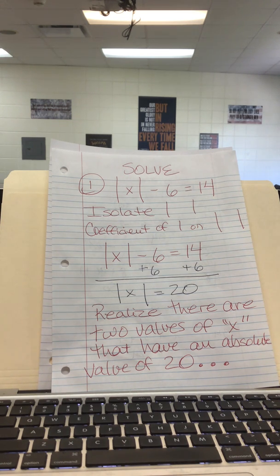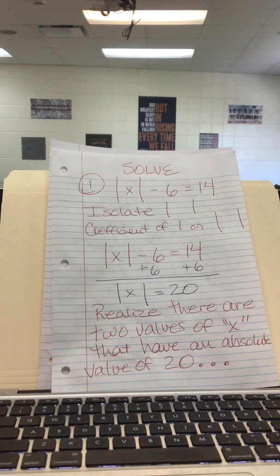Now, the trick to absolute value is to realize that there are actually two values that x could have that result in an absolute value of 20. Think about that for a minute. There are two values I could put in for x that when I execute the absolute value would both give me a positive 20.